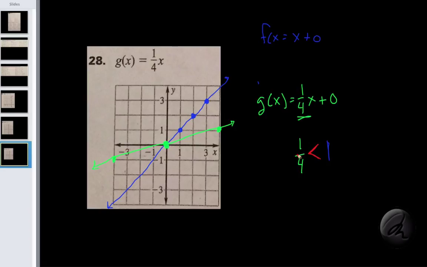It's steeper. Its positive grade is higher than my green. And again, the visual here confirms that. Because my blue line, which has a slope of 1, has a steeper grade. But then I compare that to the slope of my green, it's a much flatter grade. So the slope is not as great. It does not rise as fast as my blue.